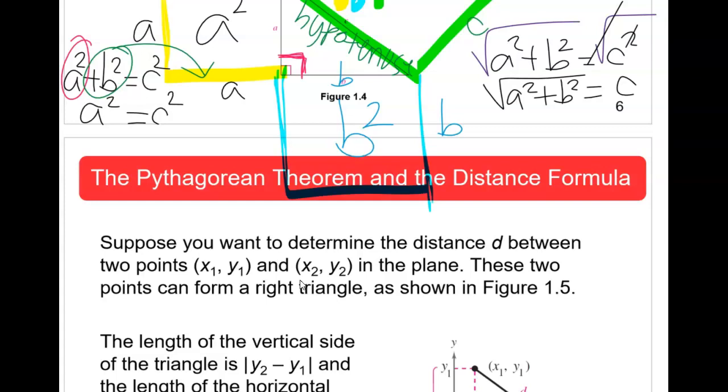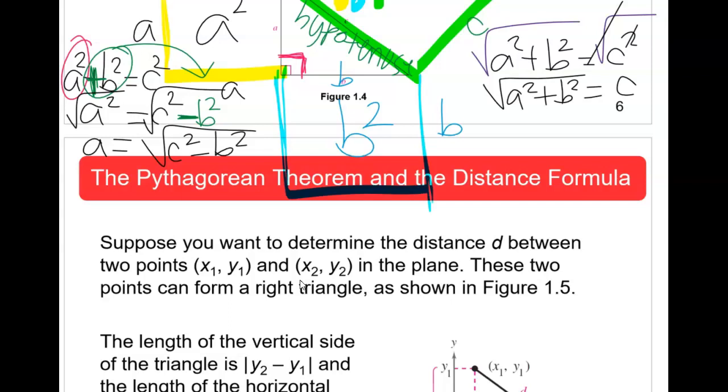So if the operation here for b squared is addition, once I move it across the equal sign, it's going to be subtraction because it will change to its inverse operation. And so that is minus b squared. And lastly, if I want to solve for a, not a squared, I will have to take the square root on both sides. And so that will give me the square root of c squared minus b squared.